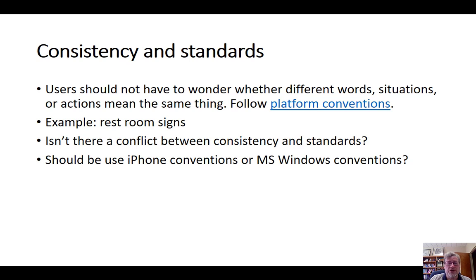Now, has it occurred to you, isn't there a conflict here between consistency between devices and your standards? And there may well be. These platform conventions are things like, in Windows, in the upper right-hand corner, there's an X, and when you click the X, it kills the window, right?